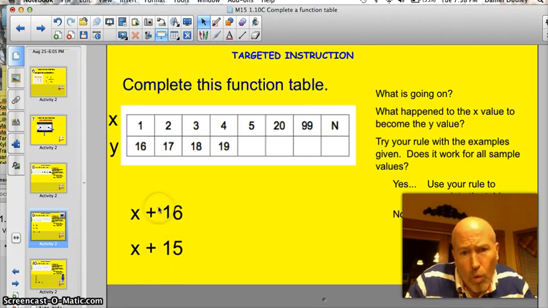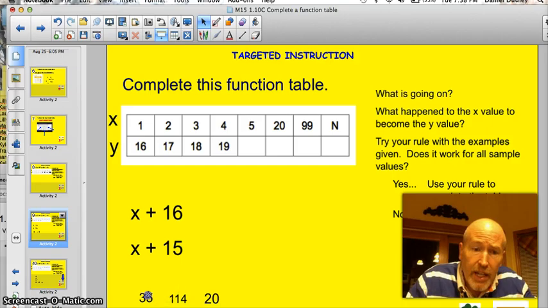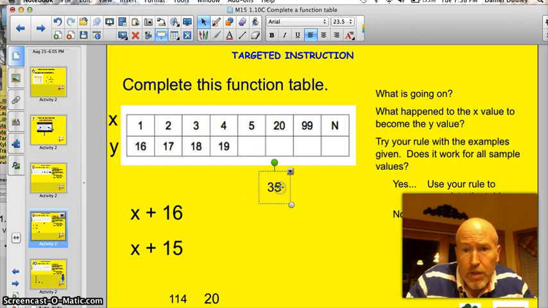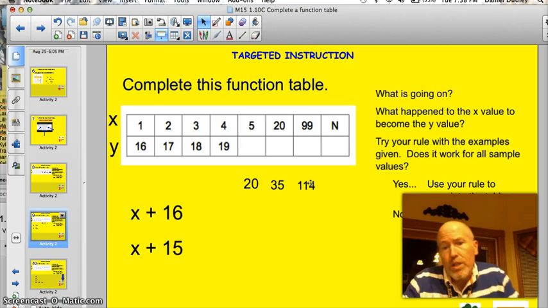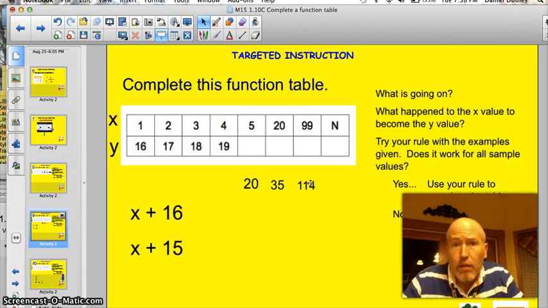So 1 plus 15 is 16. 2 plus 15 is 17. 3 plus 15 is 18. 4 plus 15 is 19. I've got my rule so that I can figure out the values. Whoops, this one here is going to have to sit down here because it's not going to slide under. 5 plus 15 will be 20. 20 plus 15 is 35. 99, you got 114. And we've completed another function table.